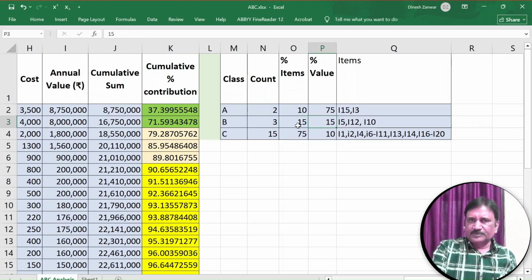Okay, consumption 15% and items also 15%, not exactly, approximately.